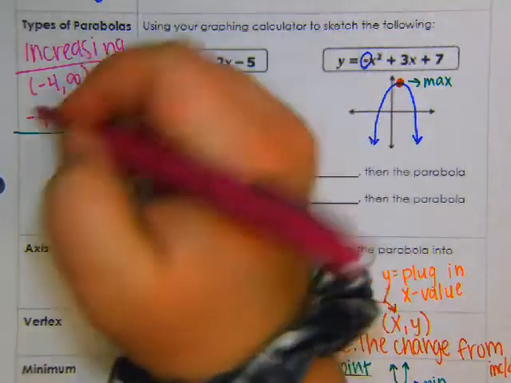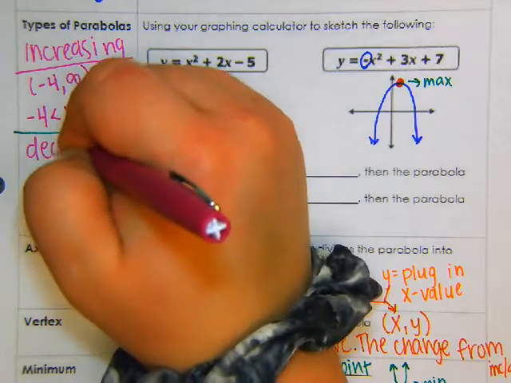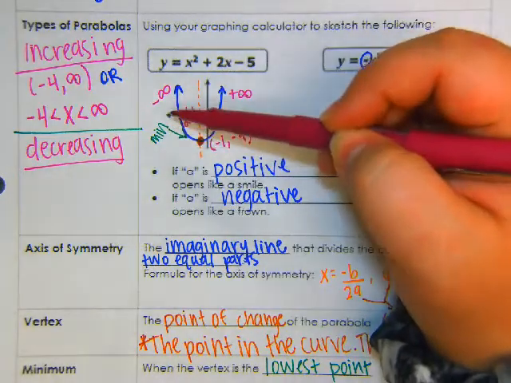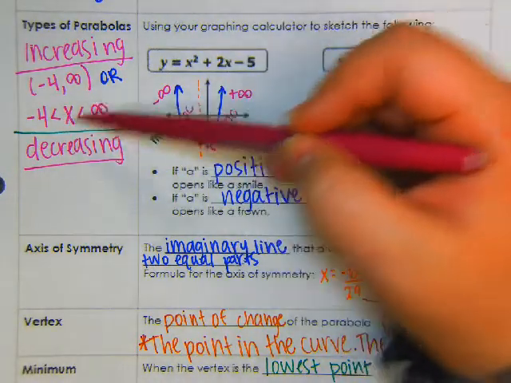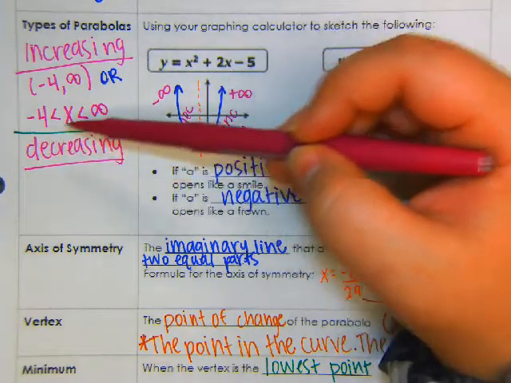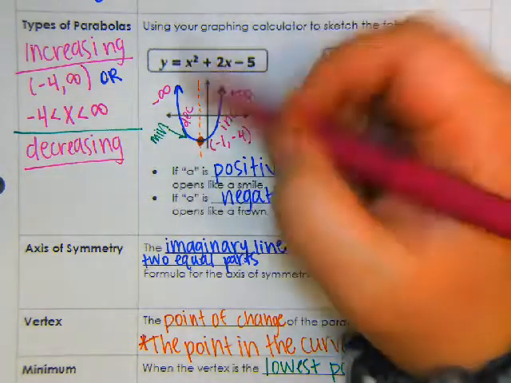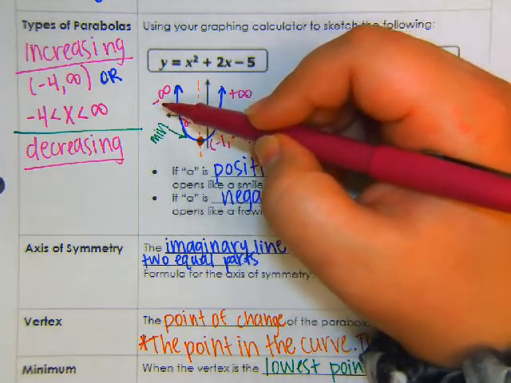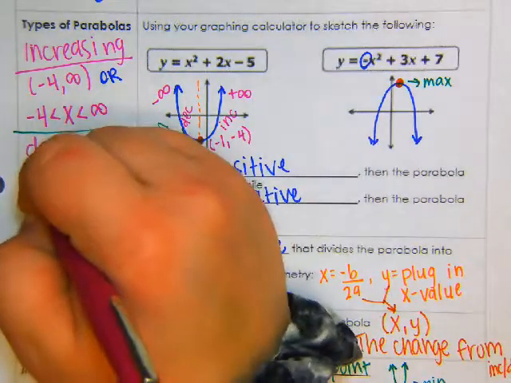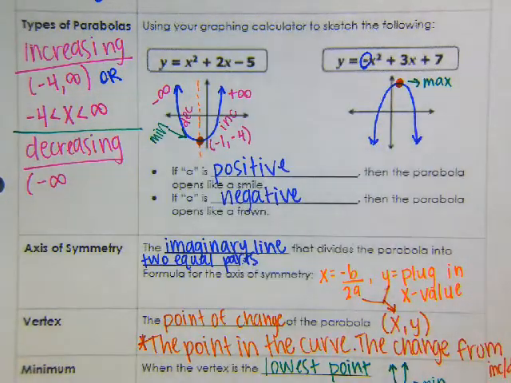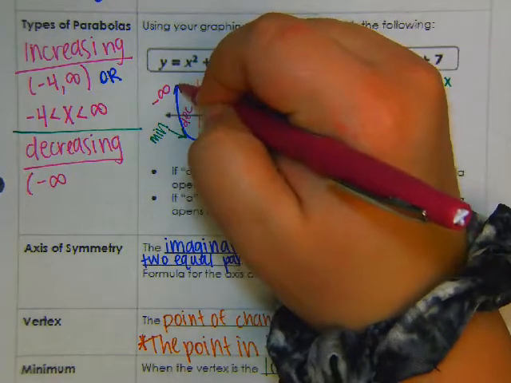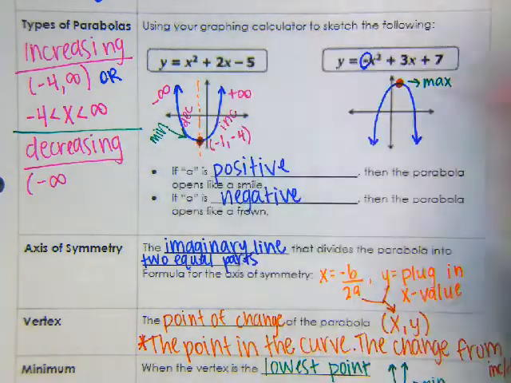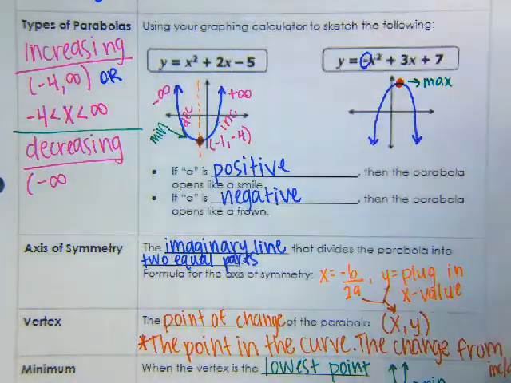So now if we're talking decrease, we write them the same way. Remember, when we write the inequality or the interval, we always start with our smaller number first. Since this graph is coming from the left, we're not going to use positive infinity, we're going to use negative infinity. My negative infinity has to go first because any number is going to be larger than that. And then I'm decreasing on this graph until I reach the vertex, and I made a mistake up here, so I'm going to go back and fix it.